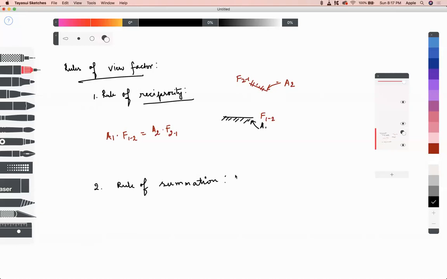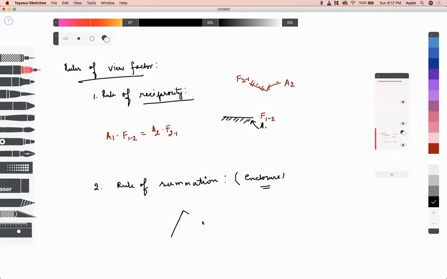Now remember, the rule of summation can only be applied in case of an enclosure. So this rule can be applied only to a minimum of 3 surfaces.